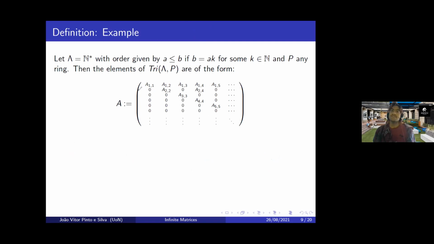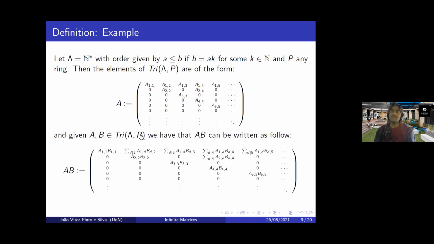As you can see, for the coordinates that can be non-zero, the first element divides the second one. So here, 1 divides every natural number, so it's all good. 2 divides 2, 2 divides 4, 2 divides 6, so these coordinates can be non-zero, and so on for all the other elements.